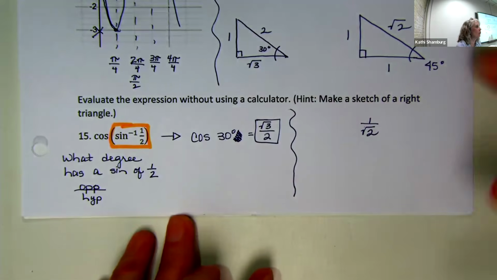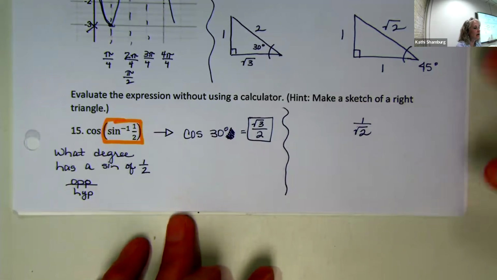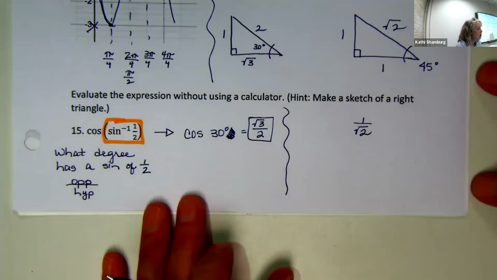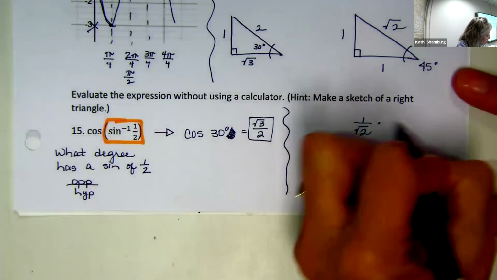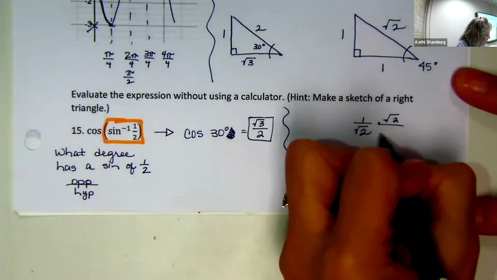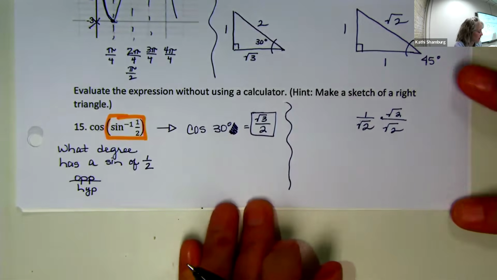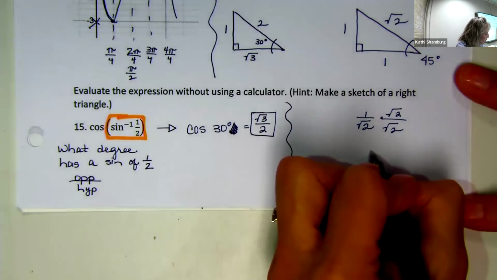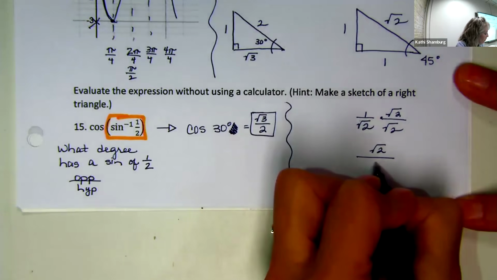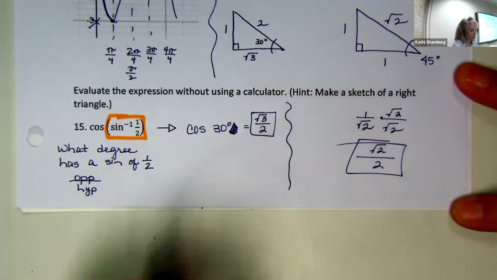Do not leave it in this form. We do not leave radicals in the denominator. So I just want to do a quick reminder, of course you could probably do it in your head, but how we get that in correct form: it would be the square root of 2 over 2. That's what I want to see.